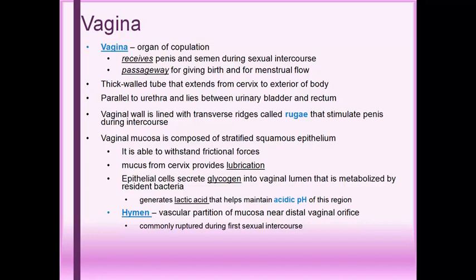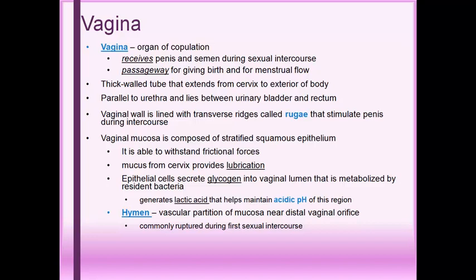We know covering over the distal vaginal orifice, a very vascular partition of mucosa, you have the hymen. So, of course, during first sexual intercourse, also sometimes in very active, sports-minded females, any type of trauma on several occasions could disrupt the hymen, not necessarily first sexual intercourse.